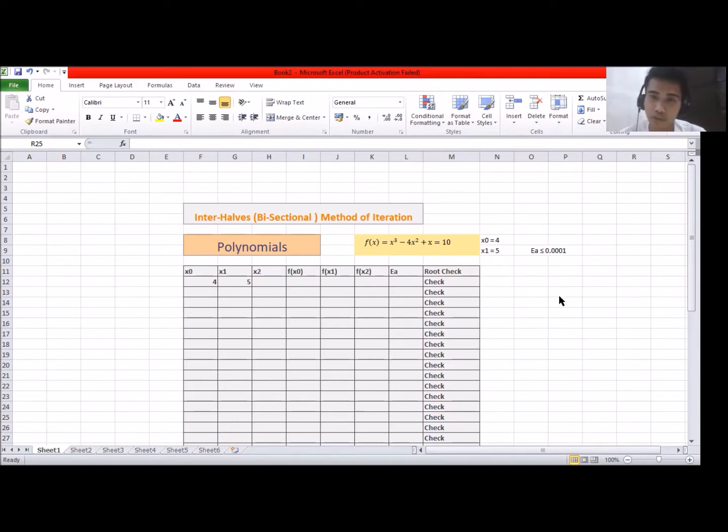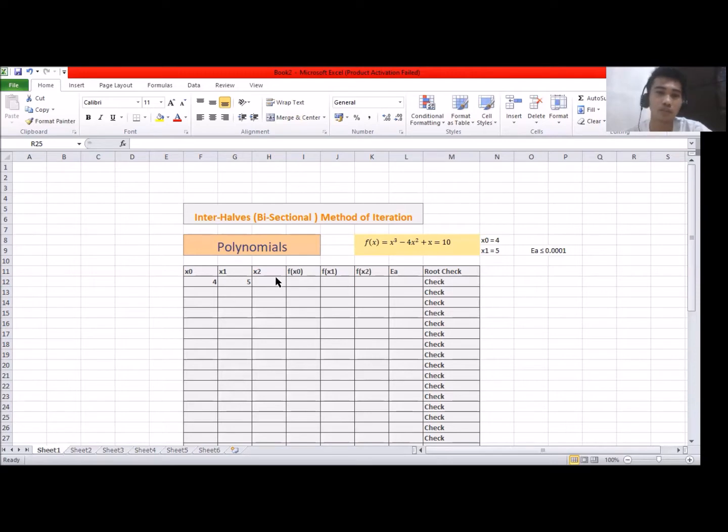So how do we get the iteration? First, we have the initial value x0 equals 4 and the initial value x1 equals 5.